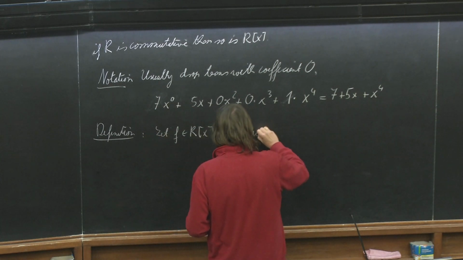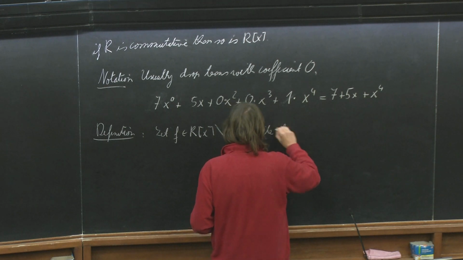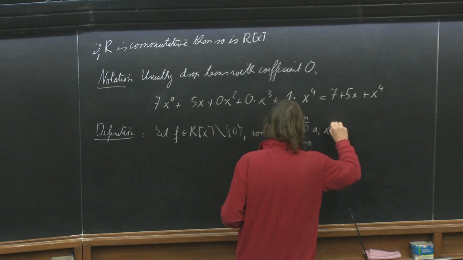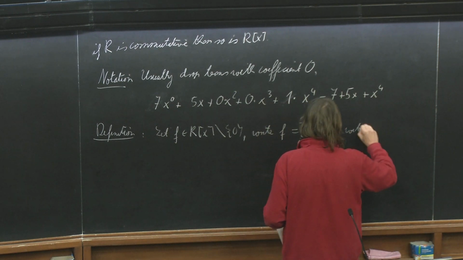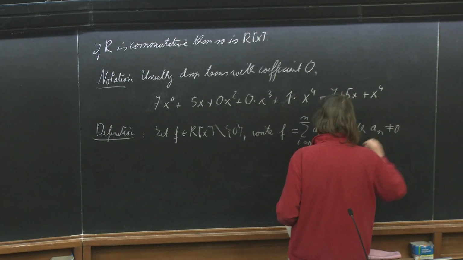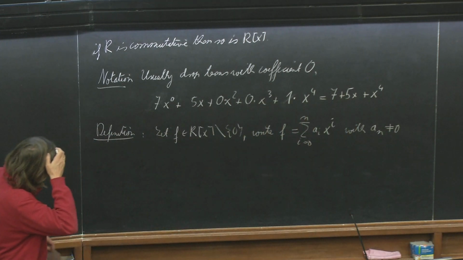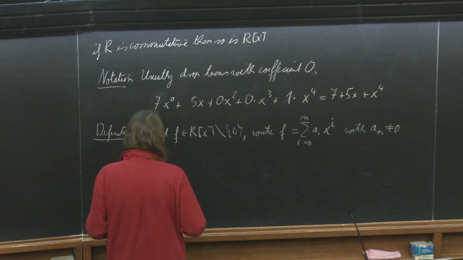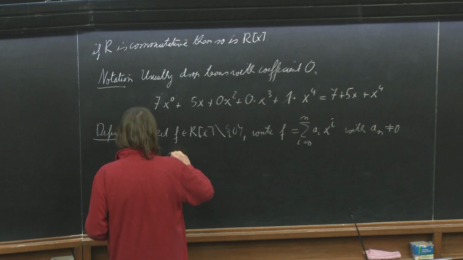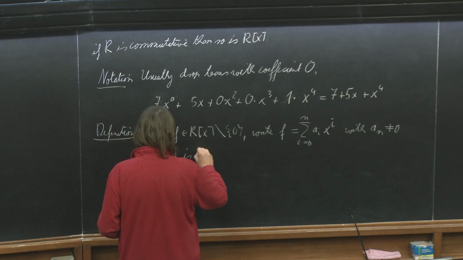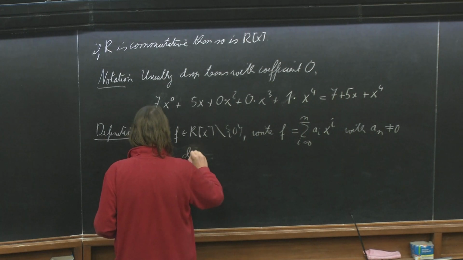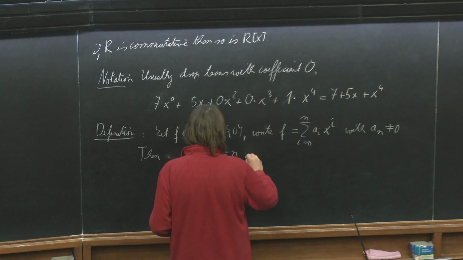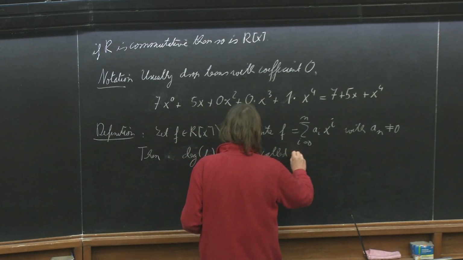Write f equal to the sum i equals 0 to n of a_i x to the i with a_n different from 0. We can do that by leaving out any zeros which come afterwards. And then n is called the degree of f.